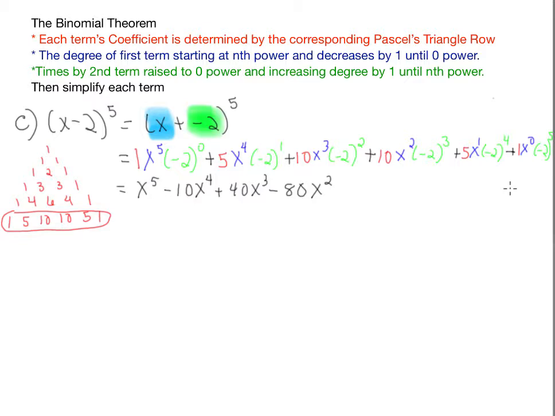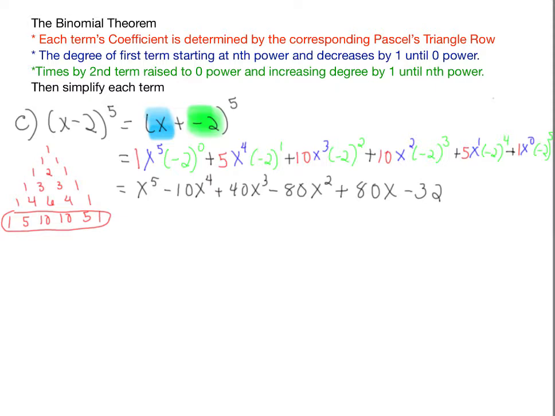And then we have a positive 16 times 5x, which is equal to a positive 80x. Now we take a negative 2 raised to the 5th power times 1, because x to the 0 is 1, and that gives us a negative 32.